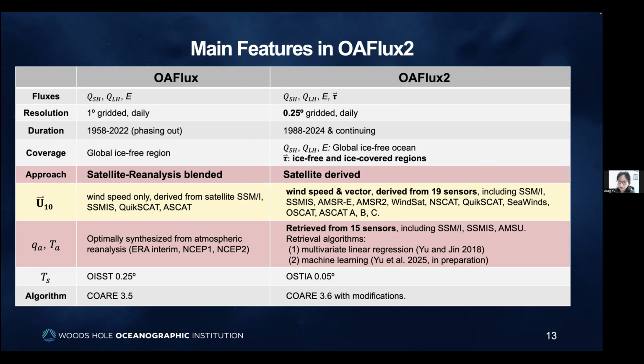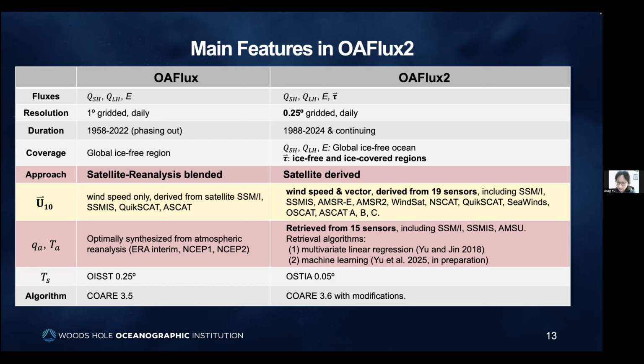And for the approach, the previous version was an optimal blend of satellite and reanalysis, and the OAFlux2 is satellite derived. For winds, we merged 19 sensors, including both microwave wind speed and scatterometers.